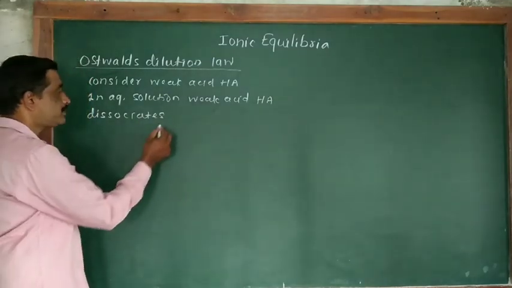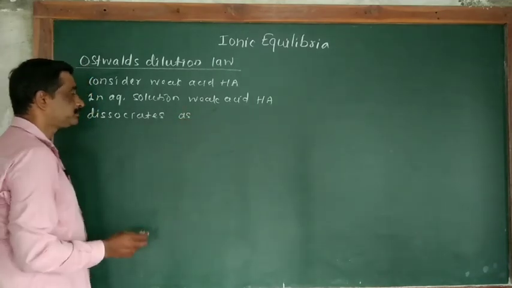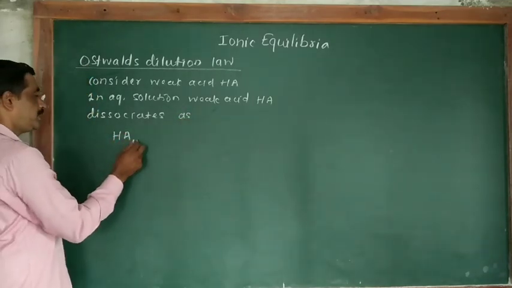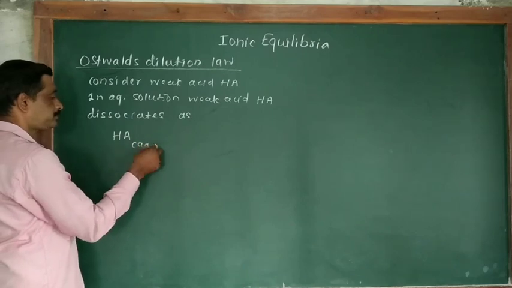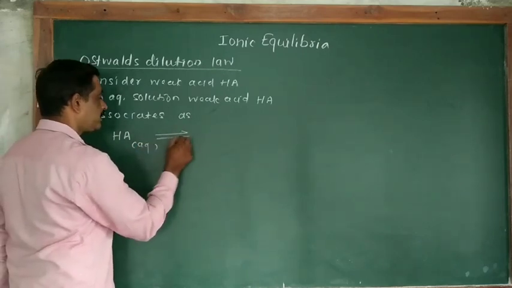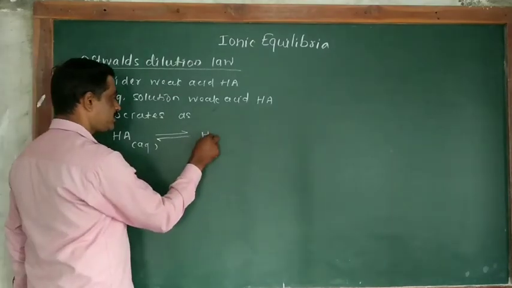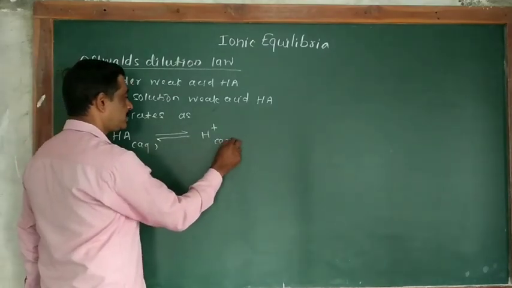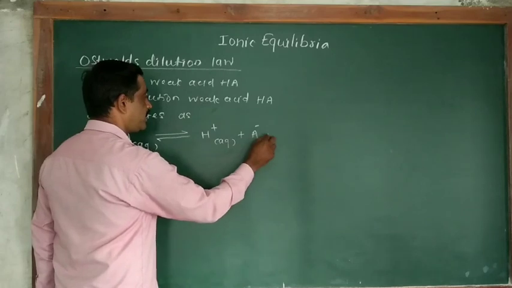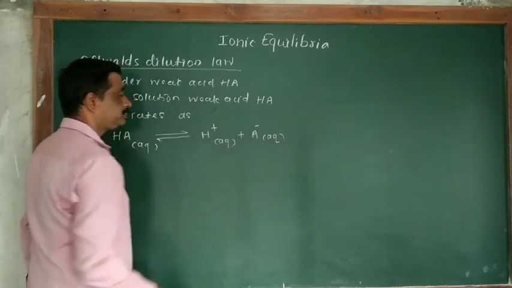It dissociates as HA, the weak acid, is dissociated as H plus and A minus ions.